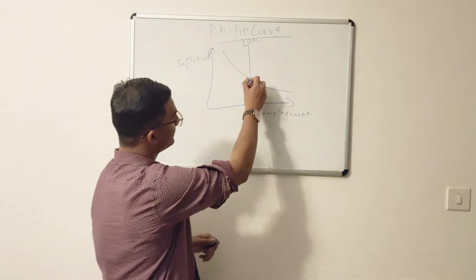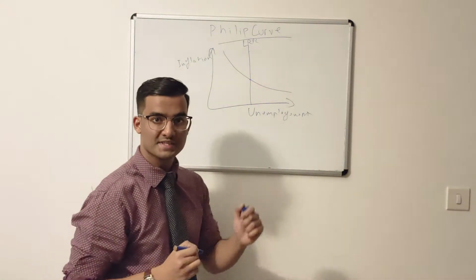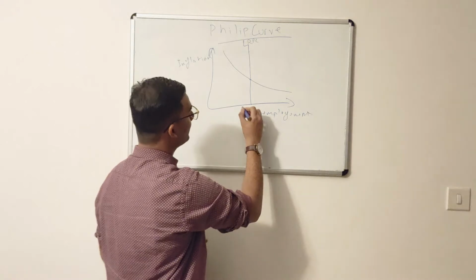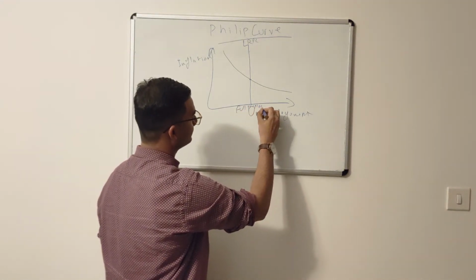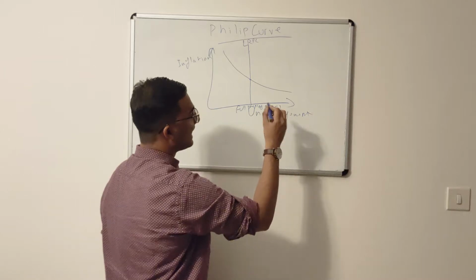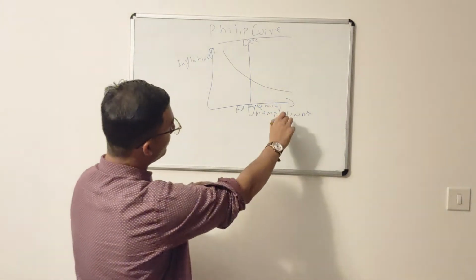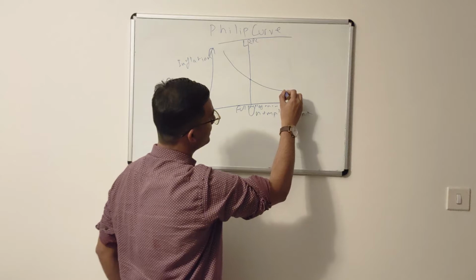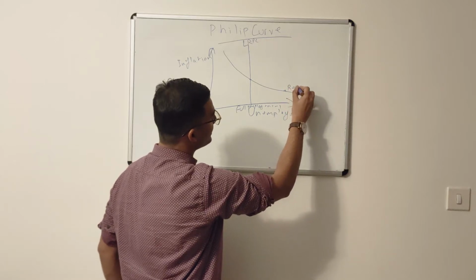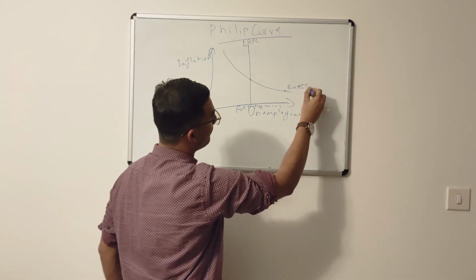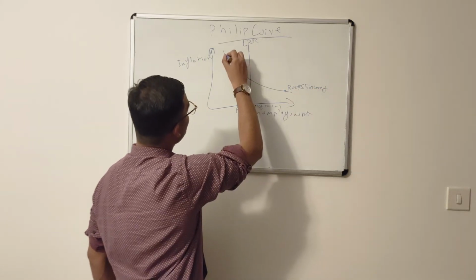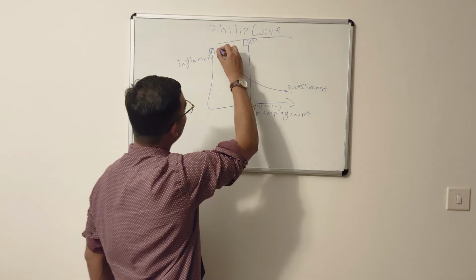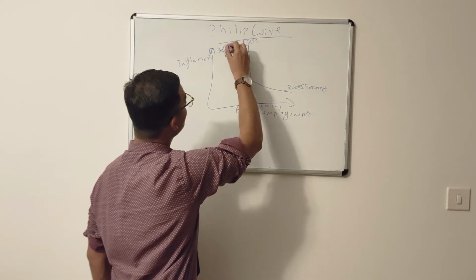So either this, the mid-center, the epicenter, being your full employment, okay, full employment, and if we go all the way towards the unemployment, here would be your recessionary, okay, and here this point would be your inflationary.